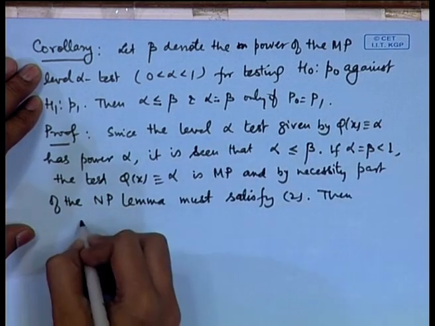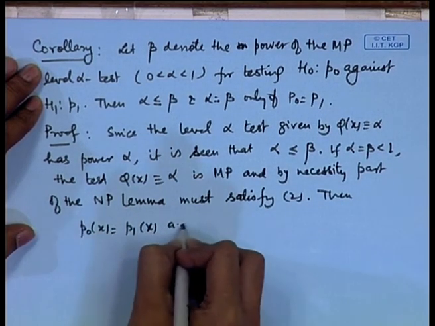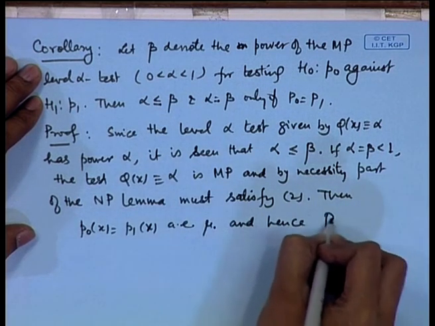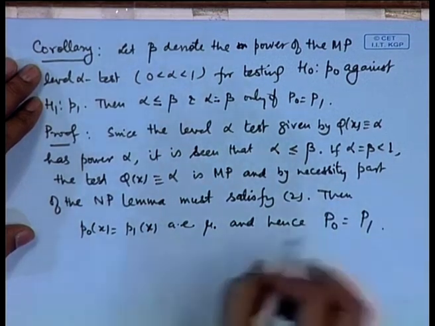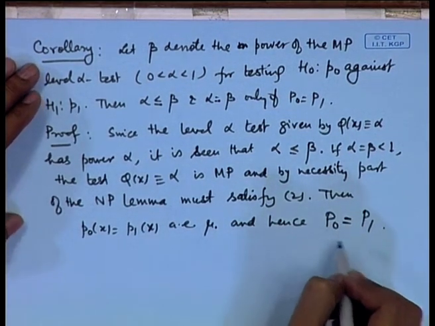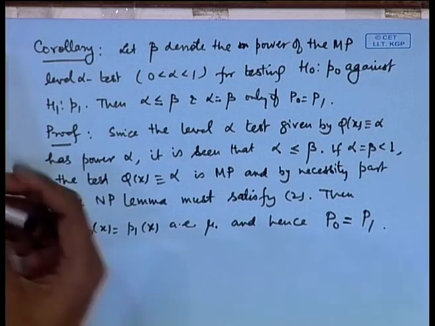If it satisfies 2, then P naught x is equal to P 1 x almost everywhere mu, and hence you must have P naught equal to P 1. That means, basically there is no testing problem. If the null and alternative hypotheses are same, then the testing problem is dissolved actually. That means, there is no inference problem left here.